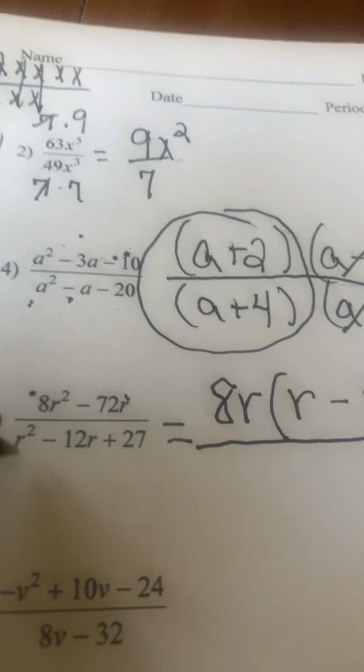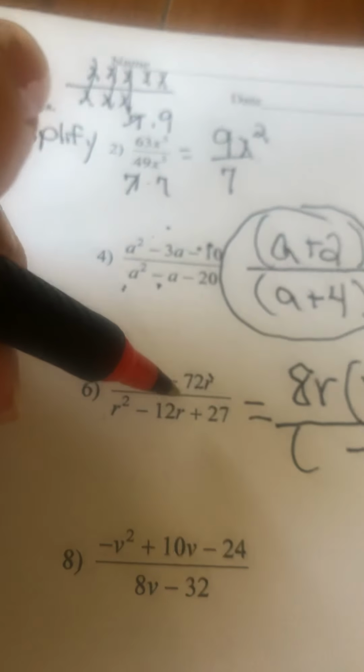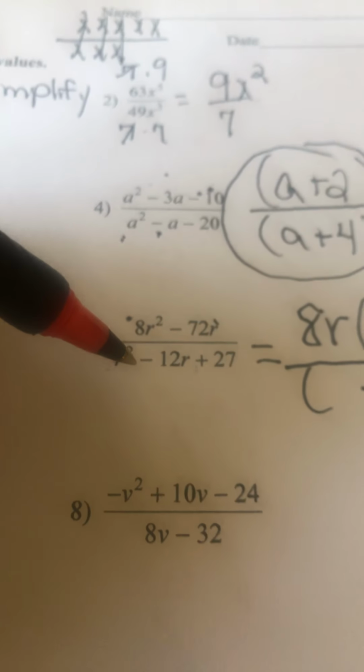And then we're going to factor this. I'm going to set up my two parentheses. My signs are both going to be negative. I know my signs will be just alike because this is a positive, and also our second term is negative, so that's how I know they're both going to be negative.